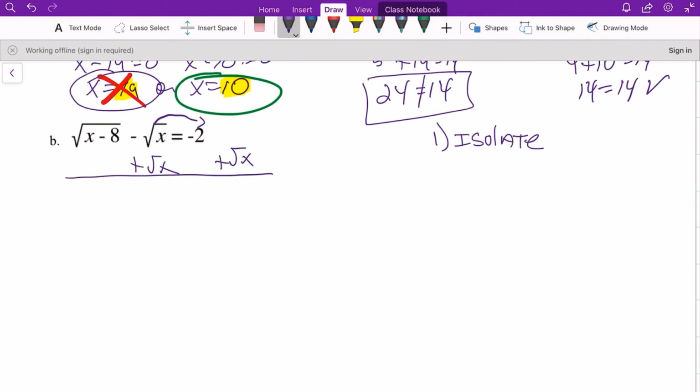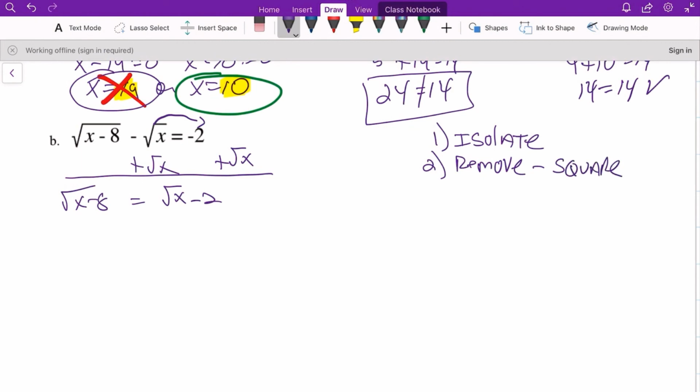All right. So what I have here is square root of x minus 8 equals square root of x minus 2. And then now what we're going to do is, again, we're going to remove the radical, and we're going to square both sides.